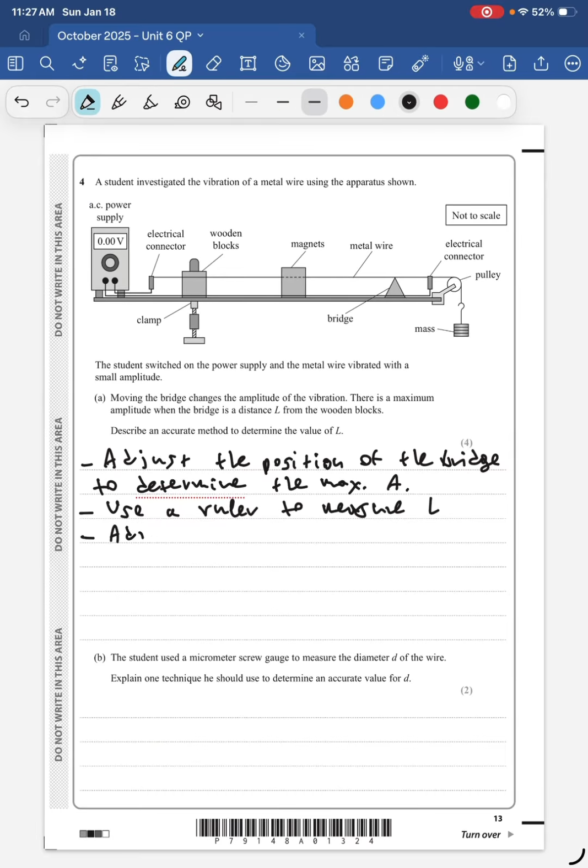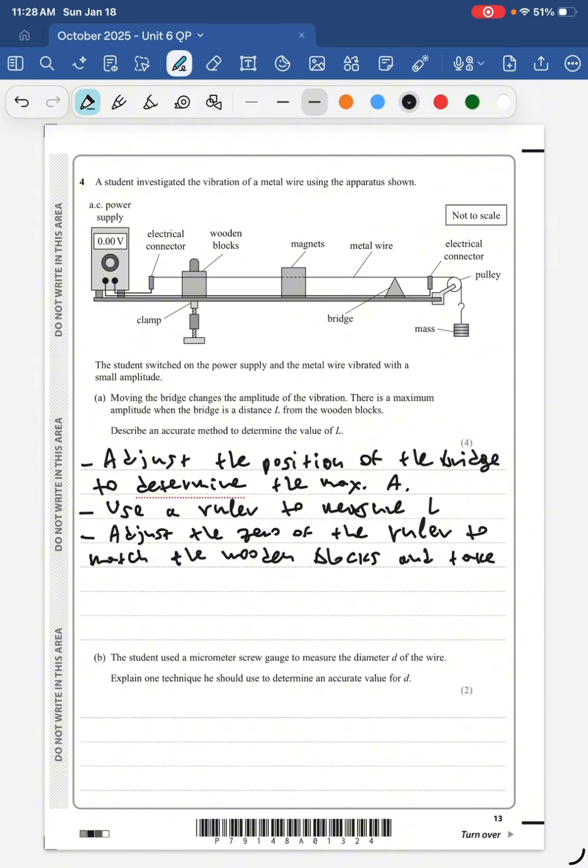Maybe write something like adjust the zero of the ruler to match the wooden blocks, and take several measurements of L. I guess the L should be the middle of this bridge.